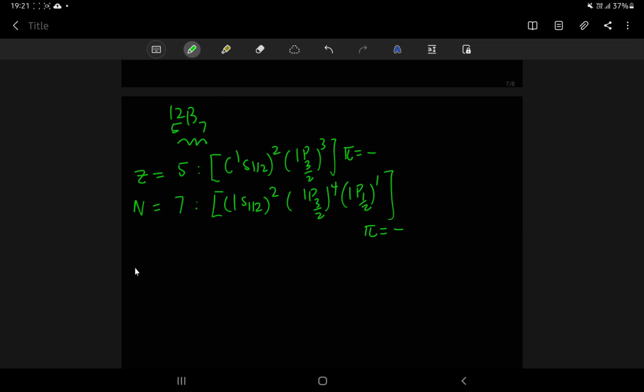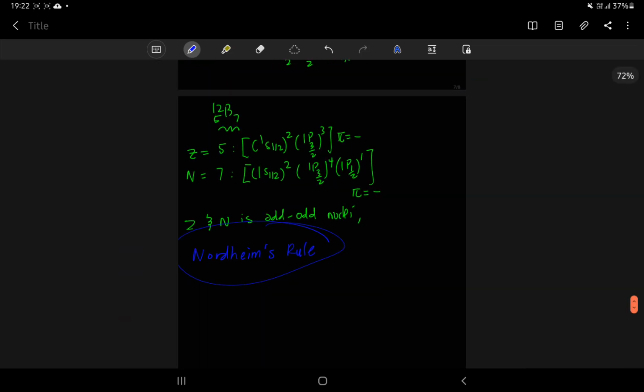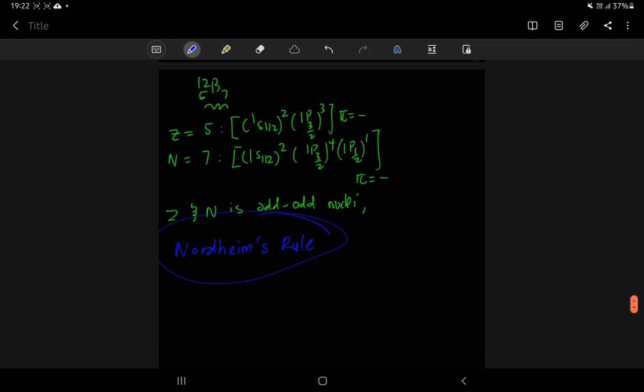Okay, so Z and N are both odd, so we need to use the Nordheim rule. Remember, this rule applies for odd-odd nuclei. We add up the values of J1 plus J2, L1 plus L2, to find the parity.